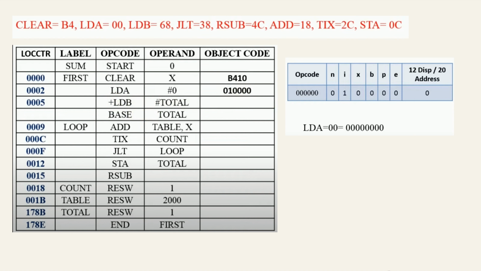And what is displacement? Displacement clearly is the immediate value, that is 0 itself. That is where we are going to write it. And since it occupies 12 bits, we are going to fill up zeros with that. Okay, so how do we generate the object code now? We are going to group 4 bits together, each 4 consecutive bits, and hence it will be 0100 0000.